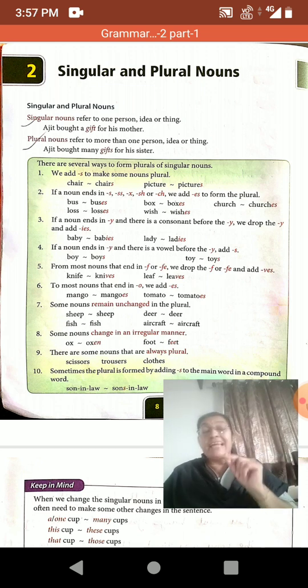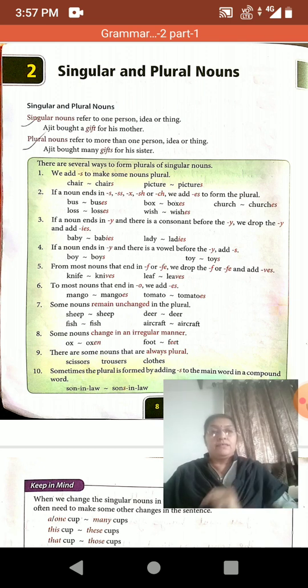Next, loss, ends with double s, so we put es, losses. Box, ends with x, so we make a plural, add es, box, boxes.